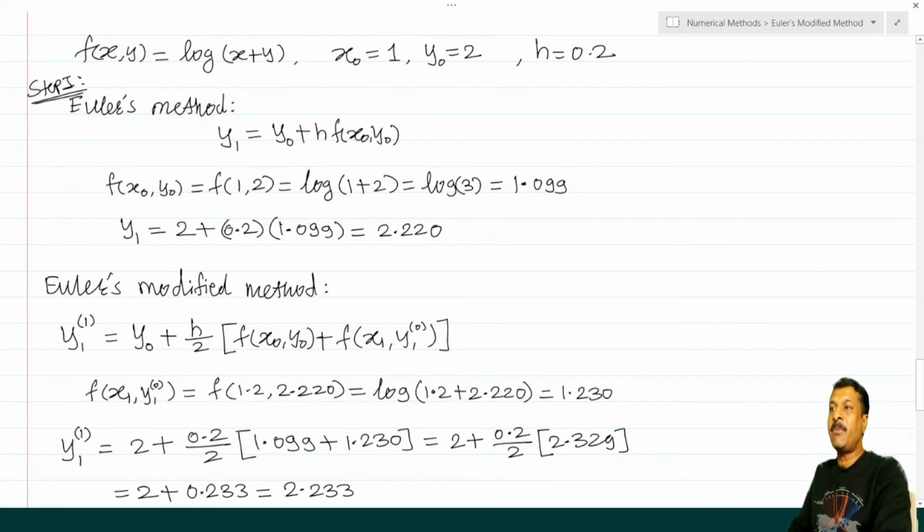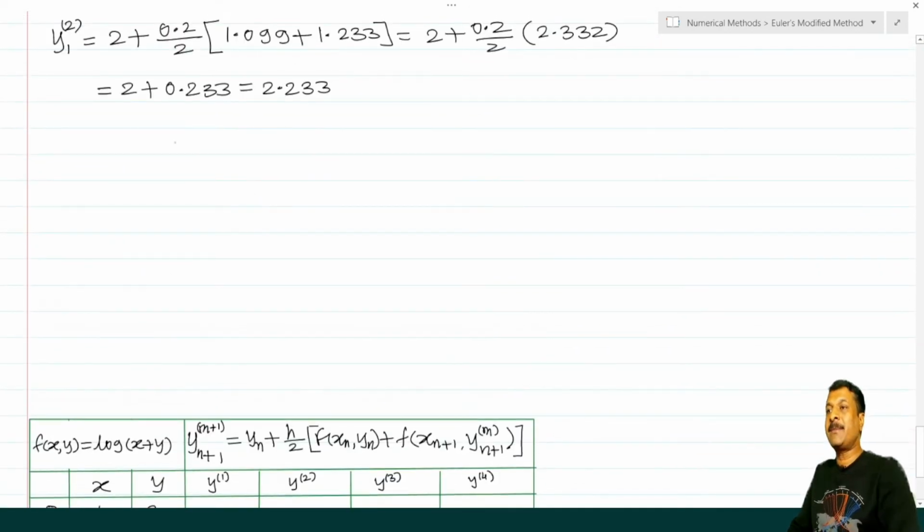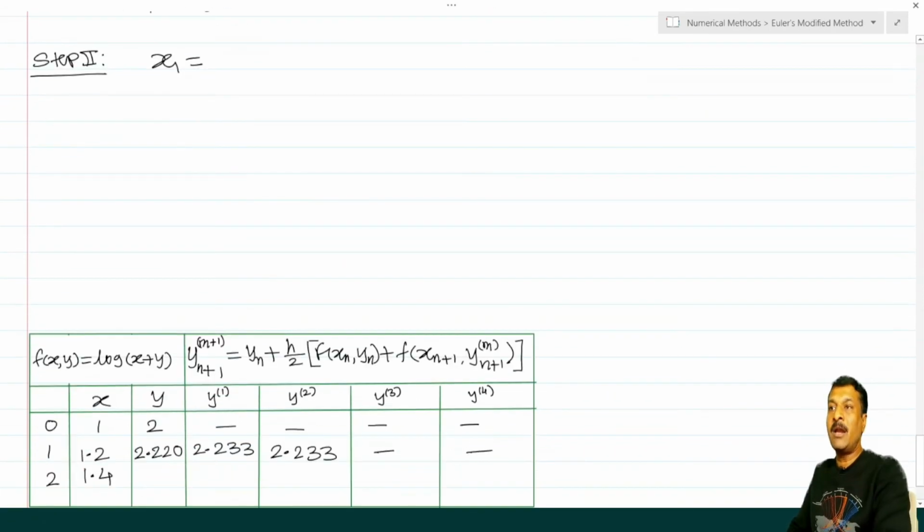Now the step number 2. To consider the step number 2, what are the last values? You write it again. That is the x1 value, that is nothing but 1.2. Final y1 value is 2.233. By using these values, what is f of x1 y1?